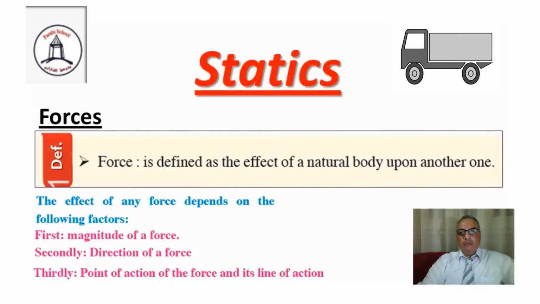We have a car. This car stops here. We need to push it, or make a rubber from this point to make a tension force to move this car from this point A to another one by tension force.